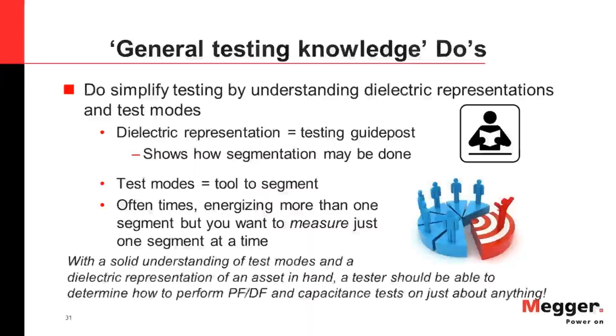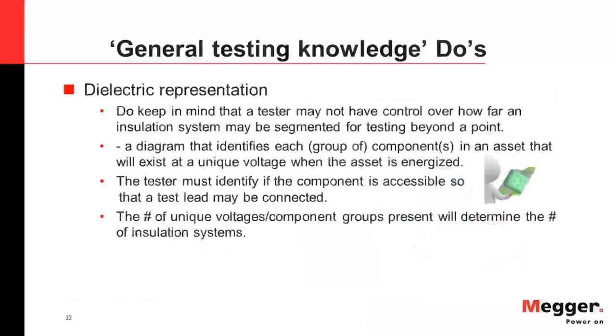So while small insulation segments are the ideal, do keep in mind that a tester may not have control over how far an insulation system may be segmented for testing beyond a certain point. Like with those capacitance-graded bushings I showed a few slides back, I can't stick a test lead inside the bushing and measure every single layer.